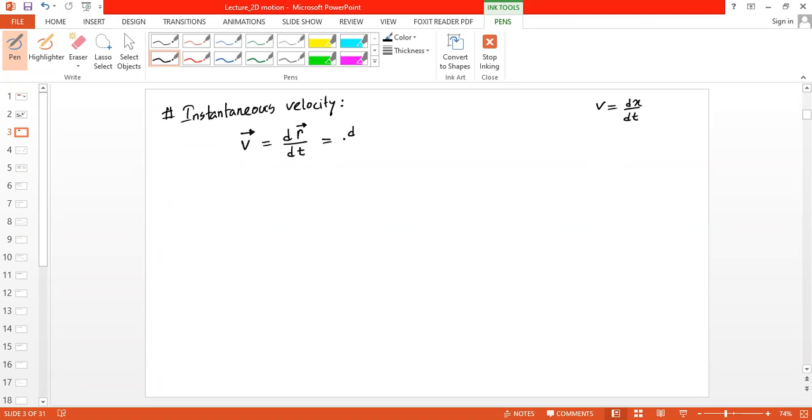That means d/dt of my position vector, which I can write as x i plus y j. And if I write it in 3D, in the case of a 3-dimensional vector, my third component is z, and k is the unit vector. So velocity can be written as dx over dt i plus dy by dt j plus dz over dt k.